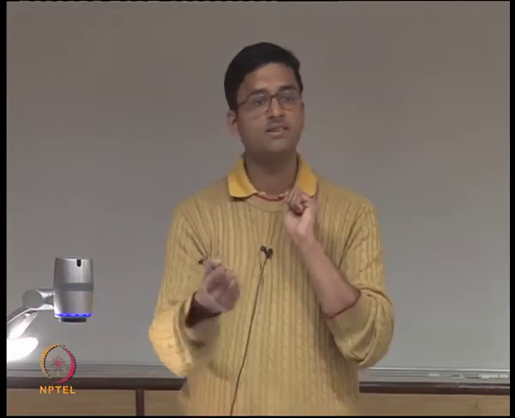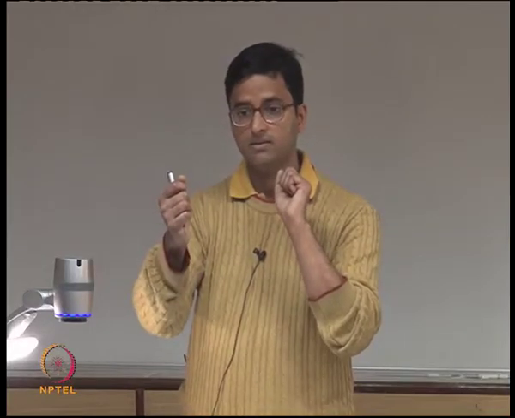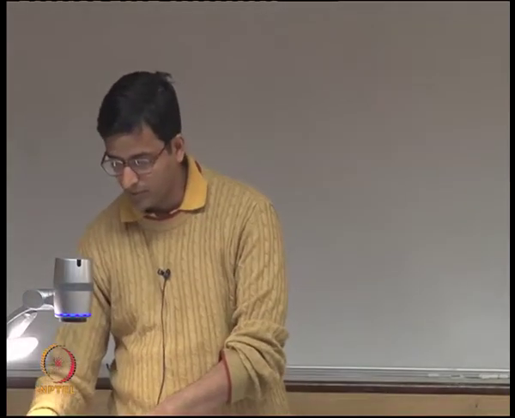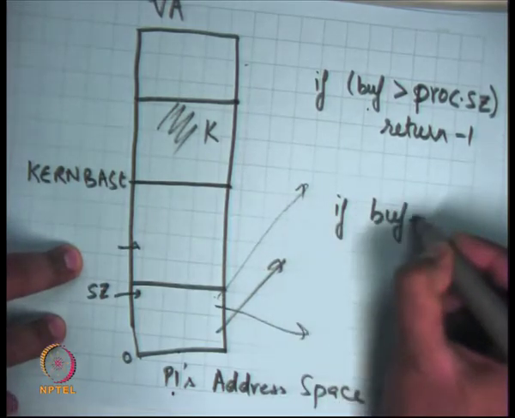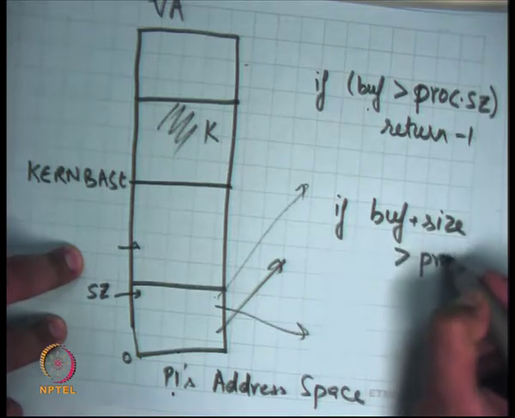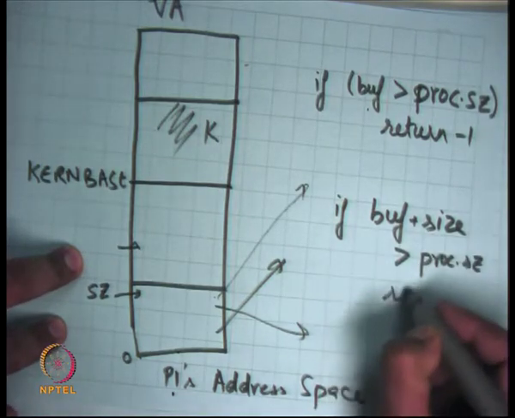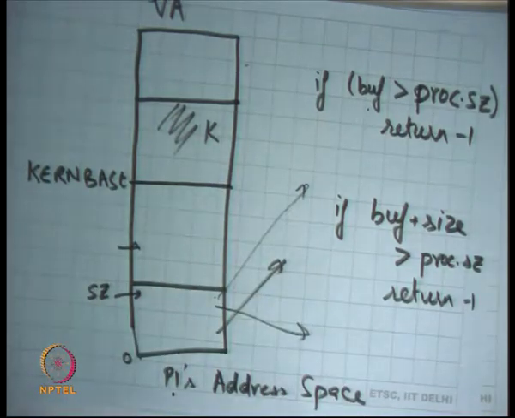Is it okay to just check buff plus size? Instead of this, if I just say if buff plus size is greater than proc dot size, return -1, otherwise just continue and start dereferencing it. Is this correct?